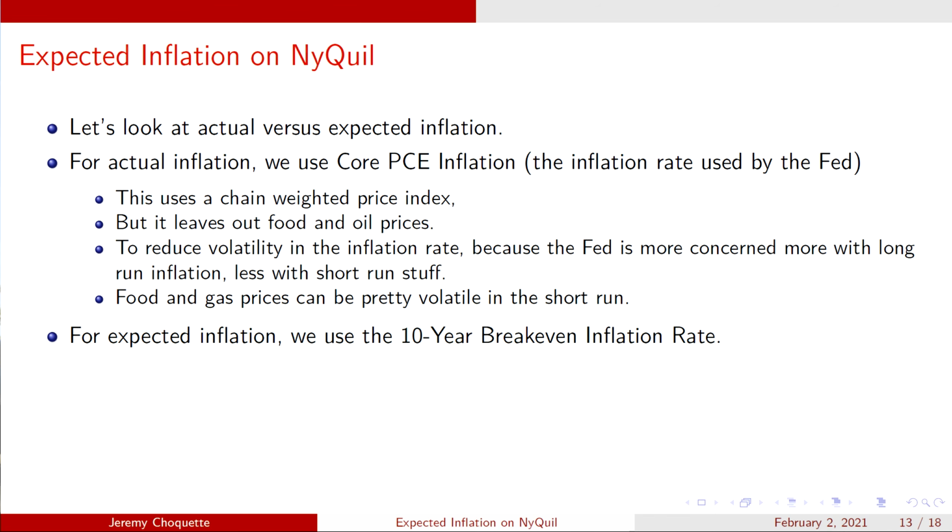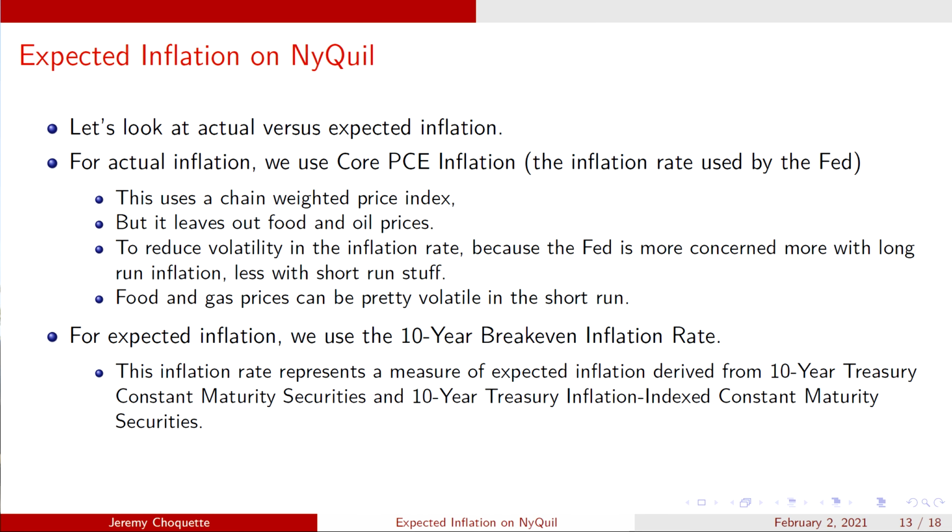So for expected inflation, what we do is we use the 10-year break-even inflation rate. This inflation rate represents a measure of expected inflation derived from 10-year Treasury constant maturity securities and 10-year Treasury inflation indexed constant maturity securities. So basically, these are measures of inflation based on the yields from 10-year Treasury bonds.